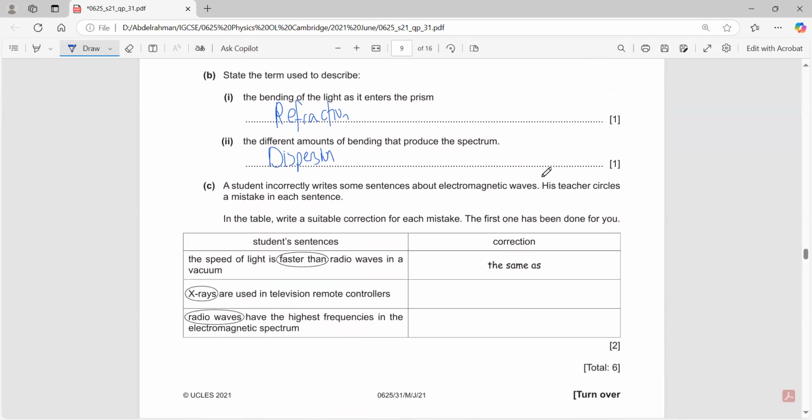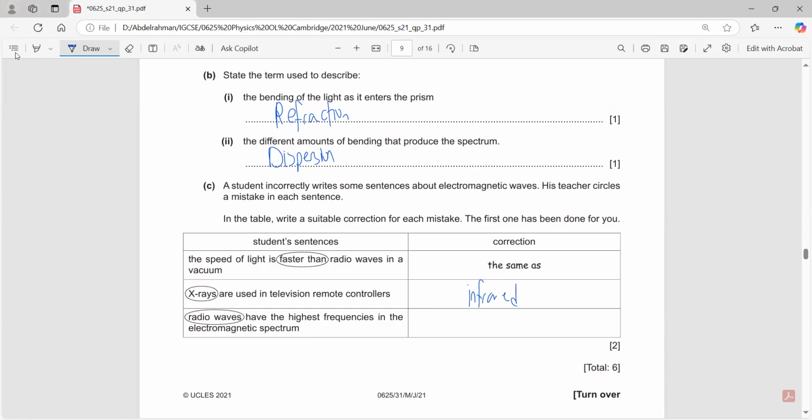The student incorrectly writes some sentences about the electromagnetic waves. The speed of light is faster than the radio waves. No, definitely it's the same as the radio waves. X-rays are used in television remote controllers. Do we use X-rays? No, definitely we use the infrared.